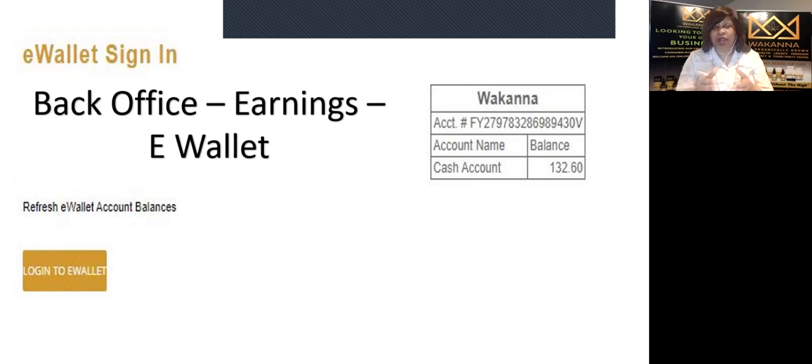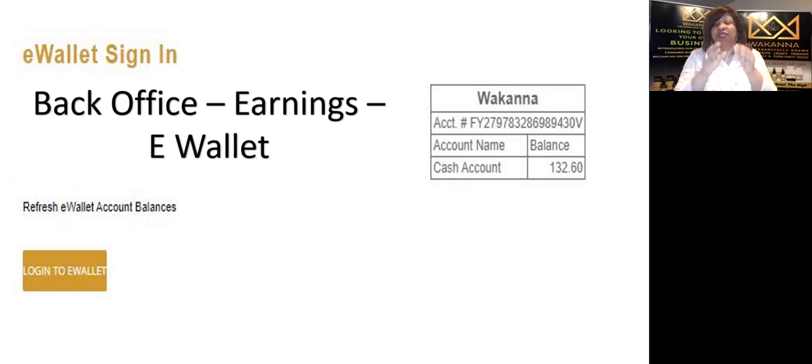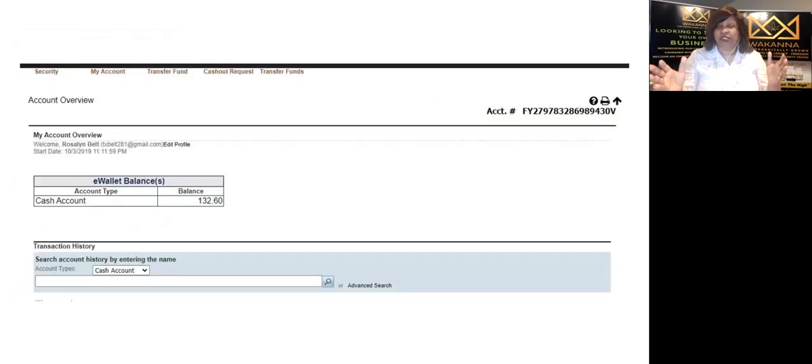How do you find your e-wallet? Back office, earnings, e-wallet. And when you go there, that's what you see. You see the cash account. You see how much you've made. You see how much is in your e-wallet. And let's just say you want to take it out. Then all you do is click log in to e-wallet. You'll see this page.